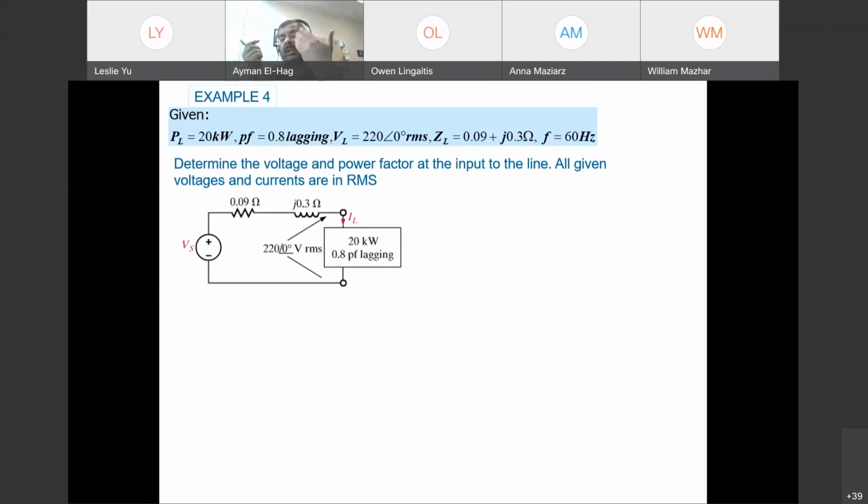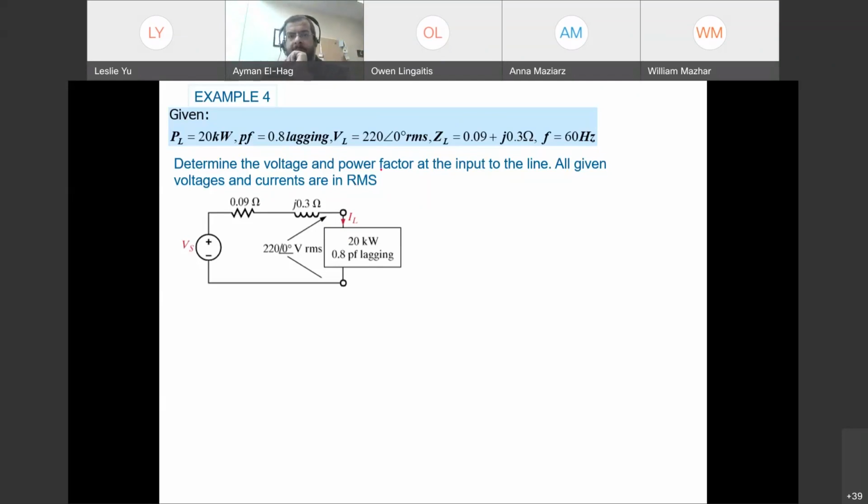So if the voltage is 0, then the current will have an angle of minus 30. What if the voltage is 10? Then the angle of the current will be minus 20. So there is always this minus 30 difference. So this is why we always use the voltage there as reference. We say this is our reference voltage, so we give it an angle of 0 for simple calculations.